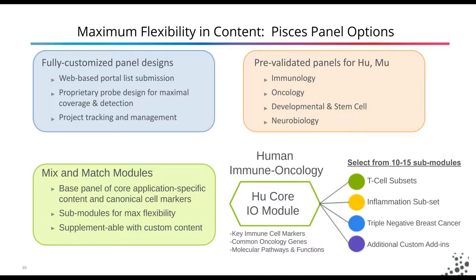This will include specific immune cell markers to give better characterization of T cell subtypes or common tissue-specific stromal or oncology markers, as well as defining particular molecular pathways and functions. The combination of these three strategies for panel design gives ultimate flexibility for researchers to design their experiments.